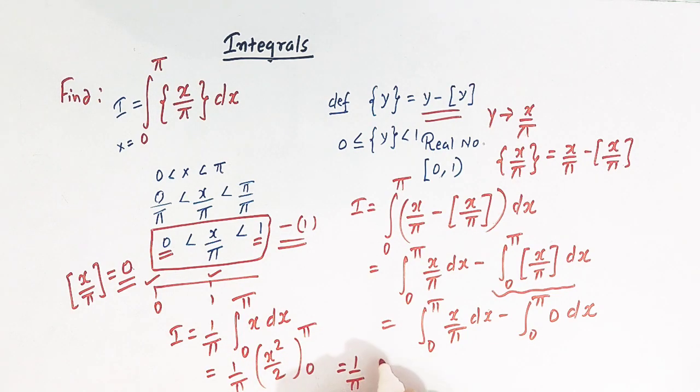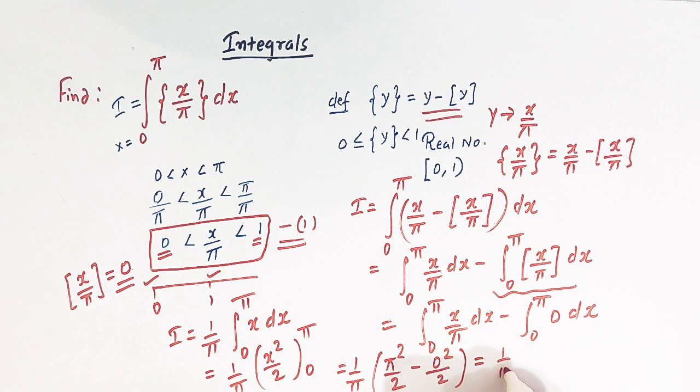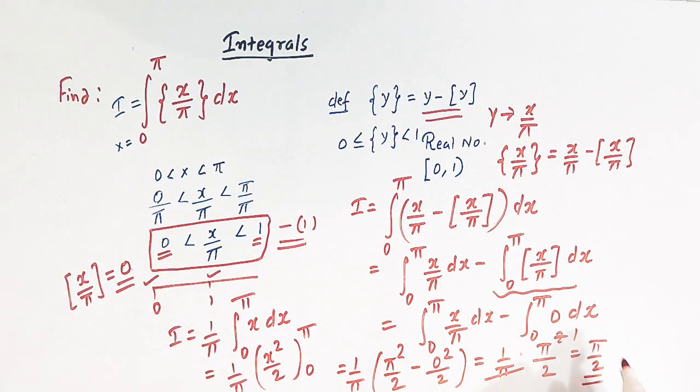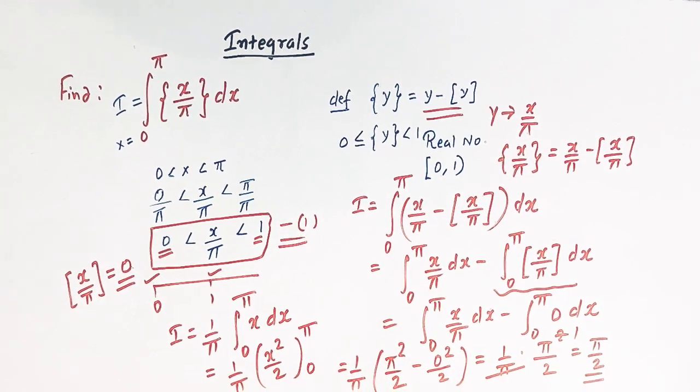So this is 1 over pi times pi square over 2, substituting the limits and taking the difference. Here this pi gets cancelled, so we are left with pi over 2. So the value of this integral is pi over 2.